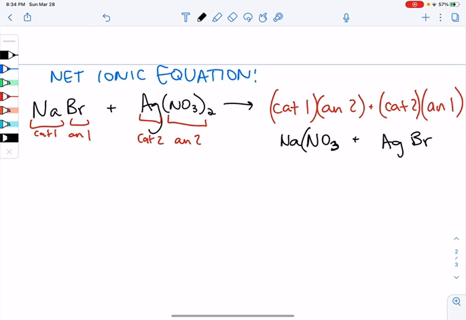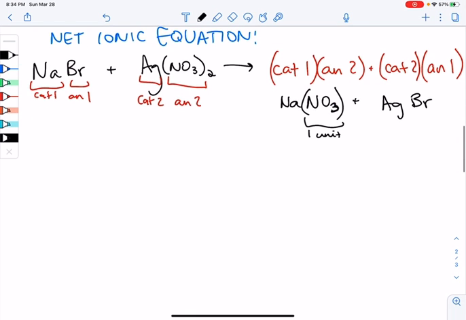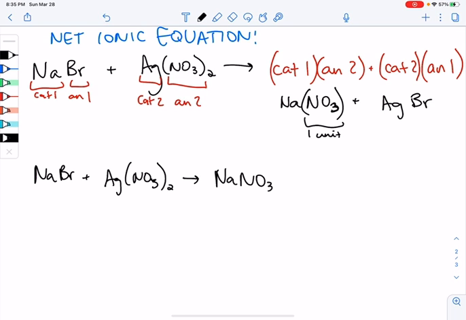Right, that's the formula for that polyatomic. So this counts as like 1 unit. So you have to keep the polyatomics together, keep them stuck together. Okay, so then we have this sodium bromide plus silver nitrate yields sodium nitrate and silver bromide.